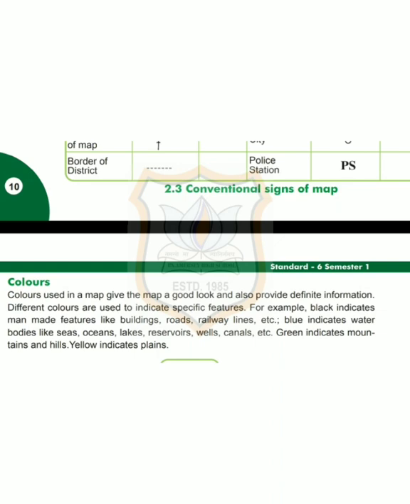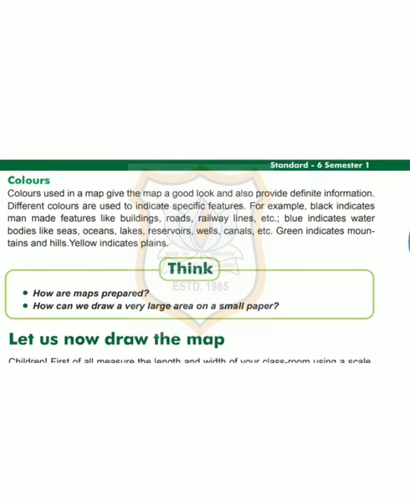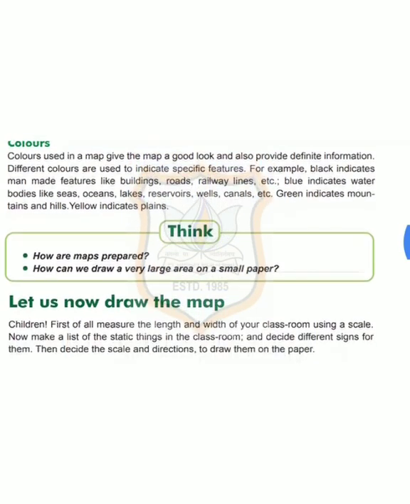For example, black color indicates man-made features like buildings, roads, railways, lines, etc. Brown color is used to show height. Blue color indicates water bodies like seas, oceans, lakes, wells, canals, etc. Green color indicates mountains and hills. Yellow color indicates plains. Children, I hope you have understood this chapter.